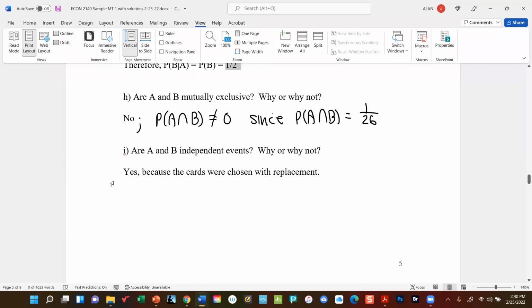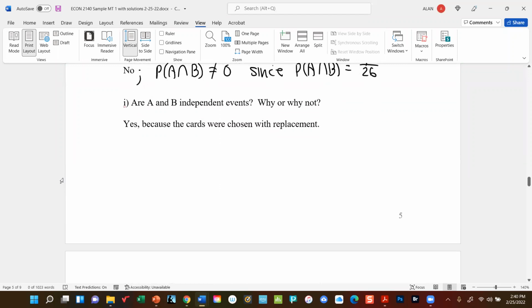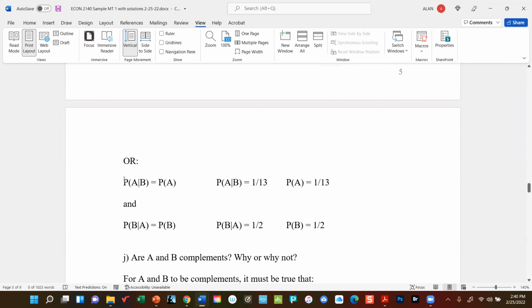All right, now how about independence? Well, we can do this again in a couple of ways. Number one, the answer is yes, because the cards were chosen with replacement. That's all it takes. But we can also use our traditional approach to demonstrating independence, which is that this condition and this condition must both be true.